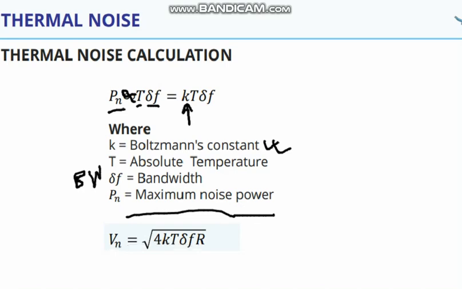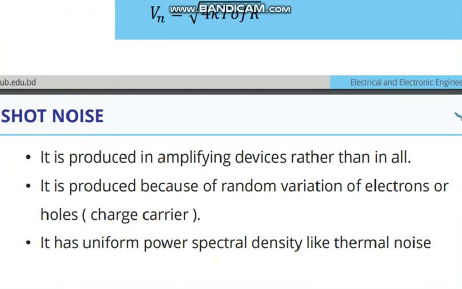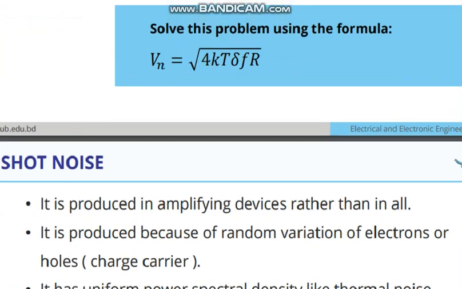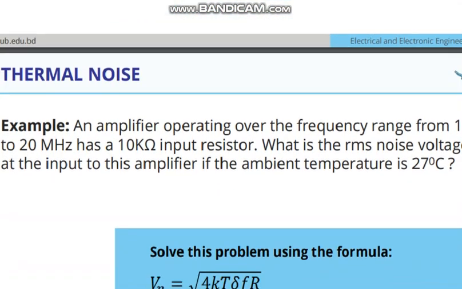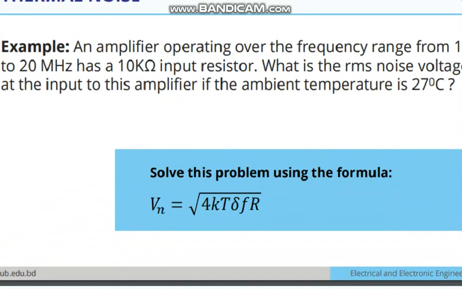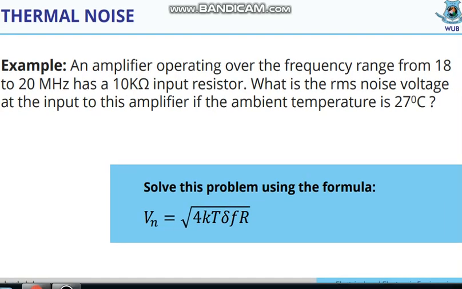So now the point came, the noise voltage and the noise power. There is some math related to this type of noise. So that is the thermal noise. For example, an amplifier operating over the frequency range from 18 to 20 megahertz.